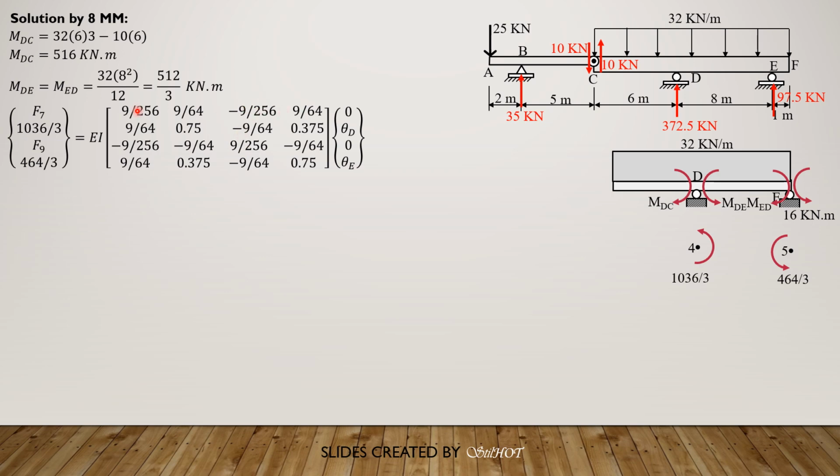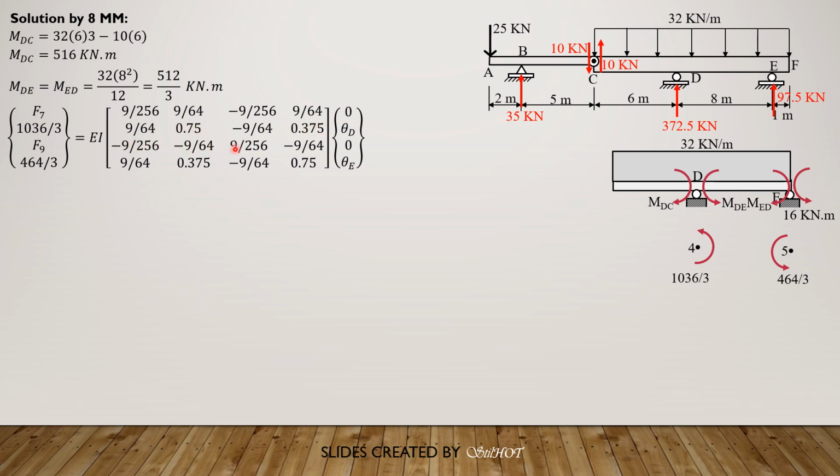Then this is the negative of this entry here. Then you just copy the 9 over 64 there. Then this is the same, 6EI over L squared, so that's 9 over 64. 4EI, 4 times 1.5 divided by 8 is 0.75. Then this is just the negative of this value here. Then this is half of that value.